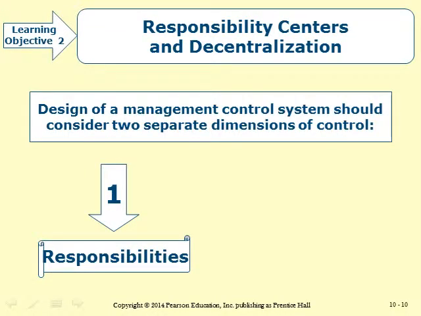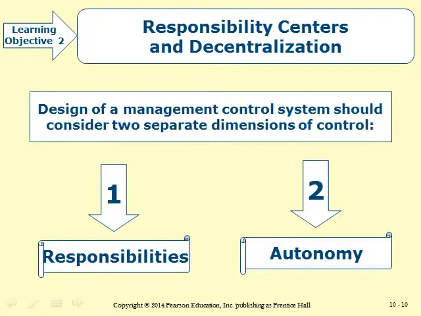Design of a management control system should consider two separate dimensions of controls, that being the responsibilities of the managers and the amount of autonomy they have. Some managers confuse these two dimensions by assuming that profit center managers always have more decentralized decision-making authority than cost center managers.